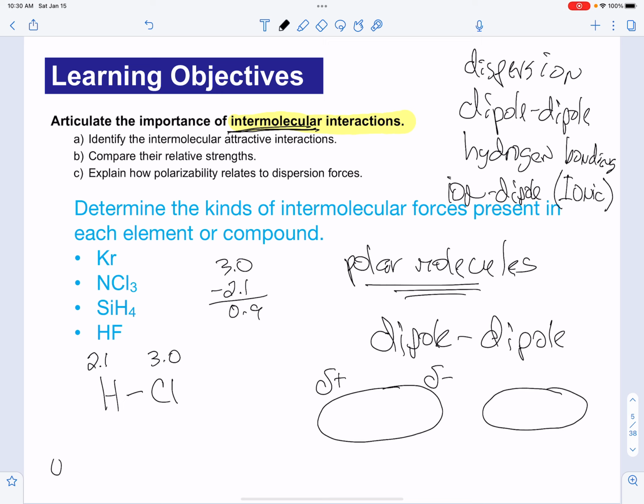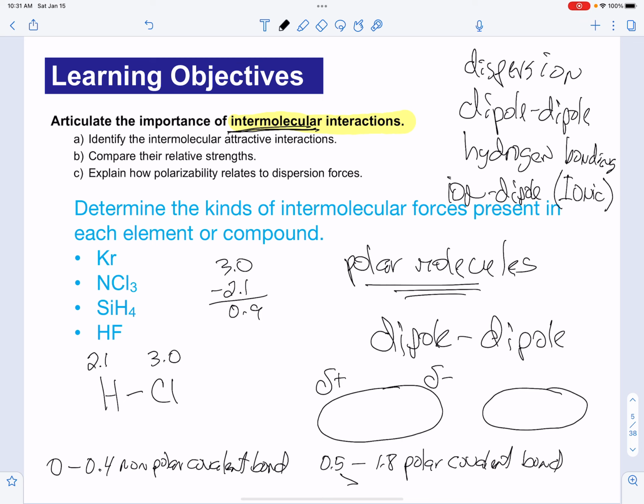And anything between 0 and 0.4 is a non-polar covalent bond. Anything between 0.5 and 1.8 is a polar covalent bond.